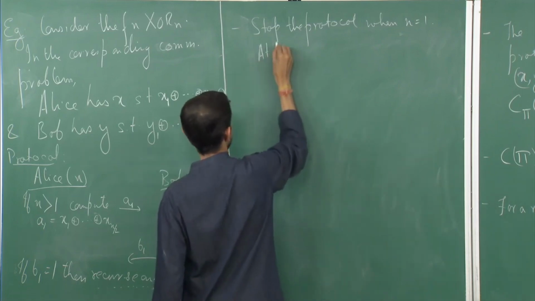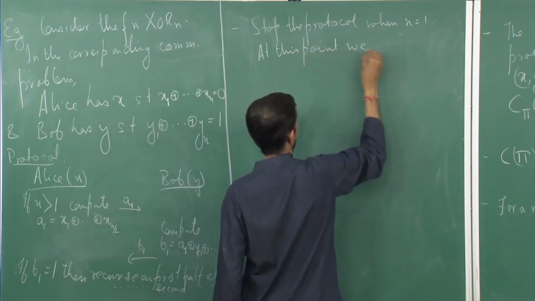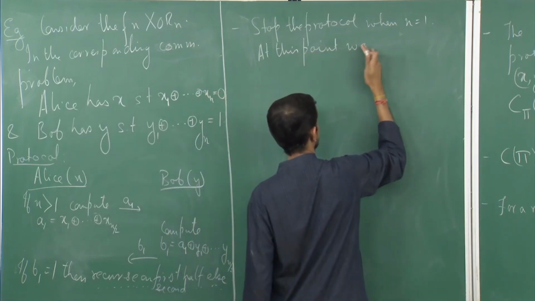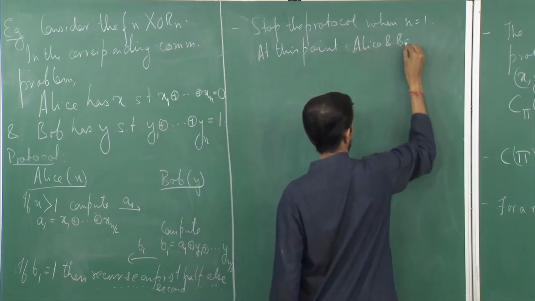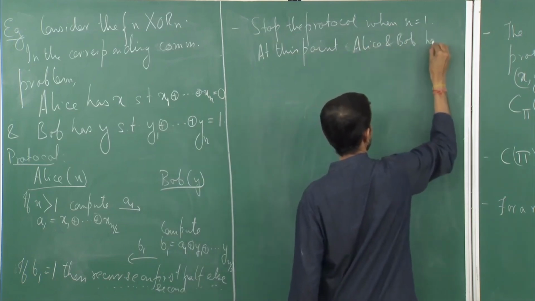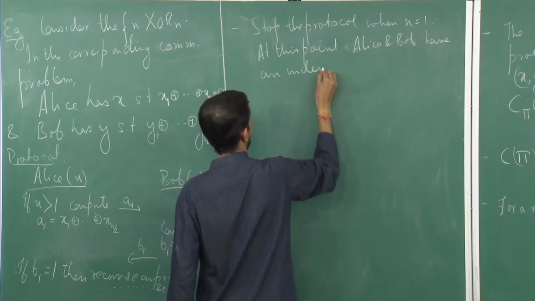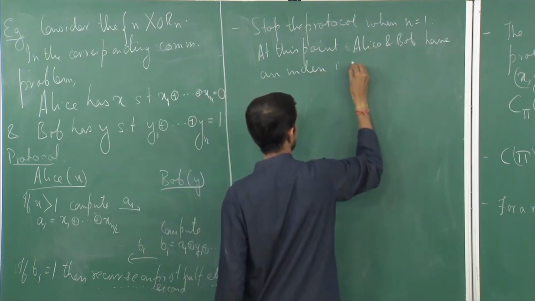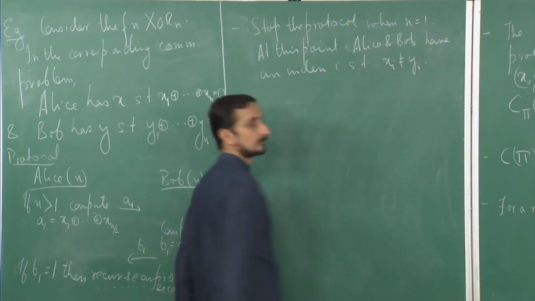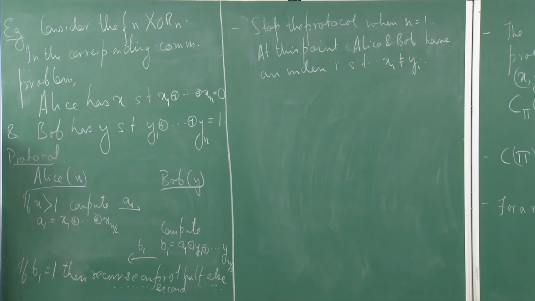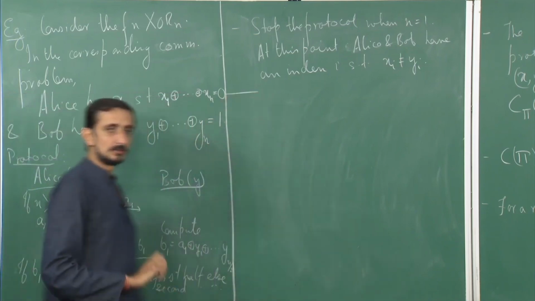At this point, Alice and Bob have an index i such that the inputs are different. So basically the index at which they stop. Okay, so the protocol is simple.